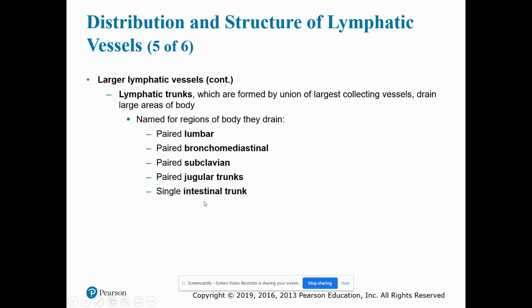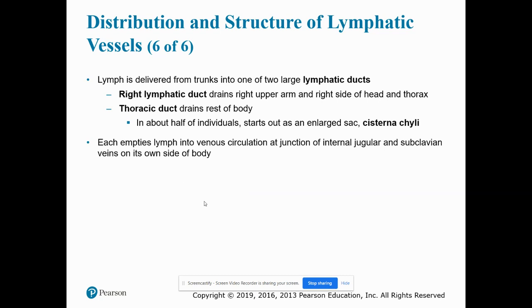What's important to understand from this slide is that collecting vessels are going to converge and go into lymphatic trunks. Then lymph is delivered from the trunks into one of 2 large lymphatic ducts. There's the right lymphatic duct, which is going to drain the right upper arm and right side of the head and thorax, and then the thoracic duct, which is going to drain the rest of the body.